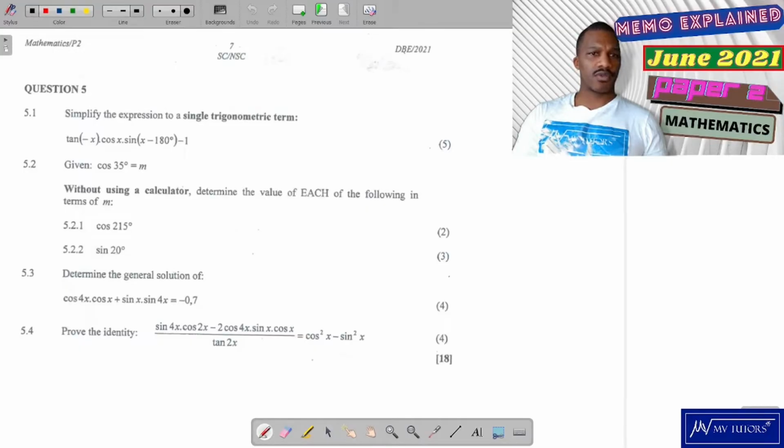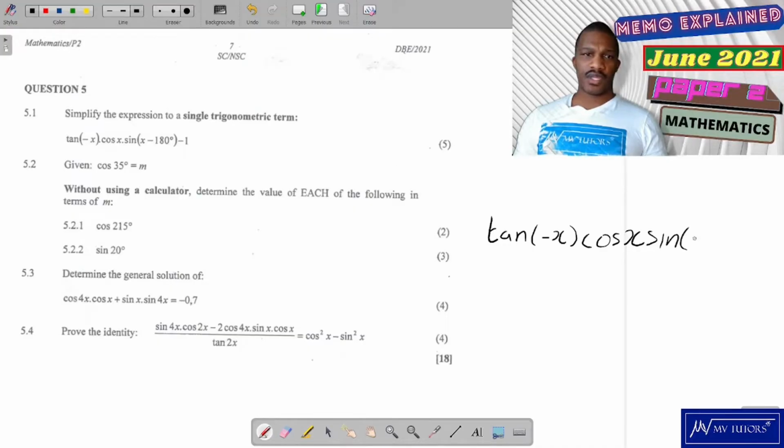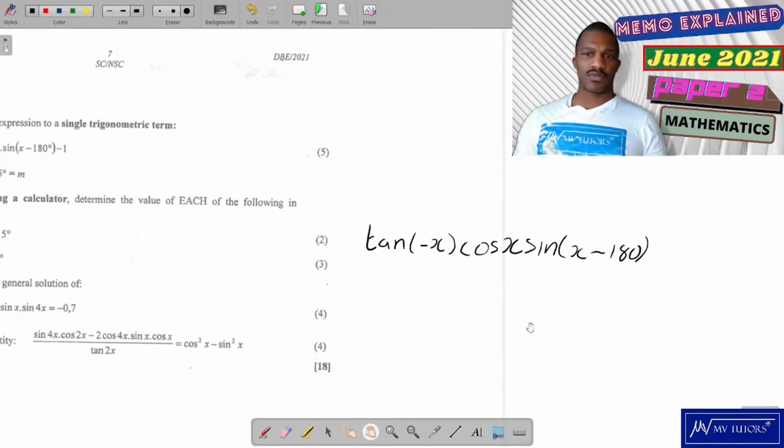Okay, let's start with the black pen over there. So we have tan minus x, cos x, sine x minus 180, and then there's a minus 1 over there.